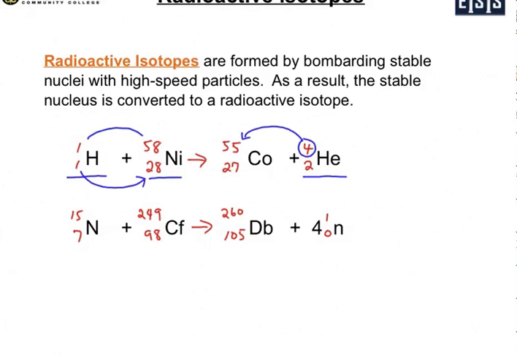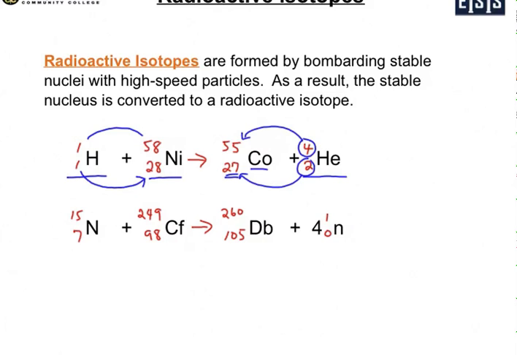You started with 29 protons, you lose 2 over here, therefore this must be 27, and once you know you have 27 here, then you know that what is formed is cobalt. So again, most of the problems you get in homework, you'll be just playing with your mass numbers and your atomic numbers and matching everything up. So this would be the result of a proton impacting a nickel.